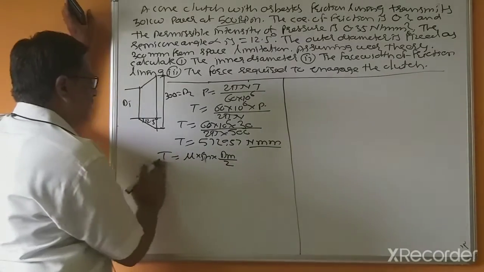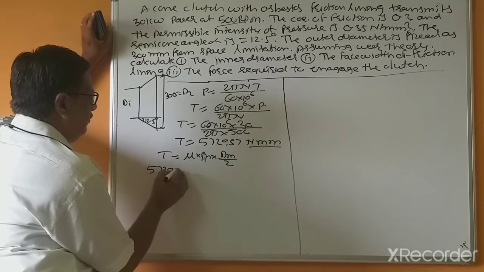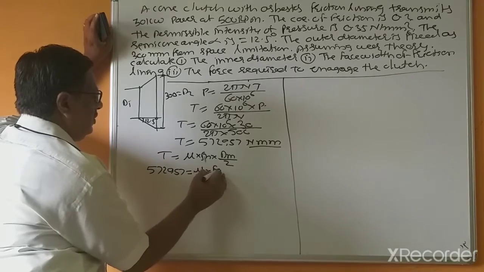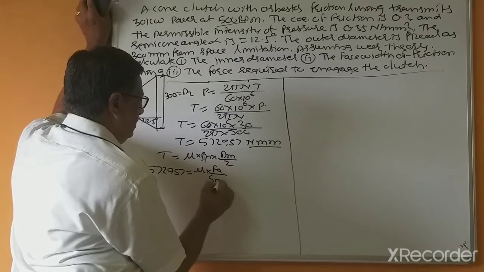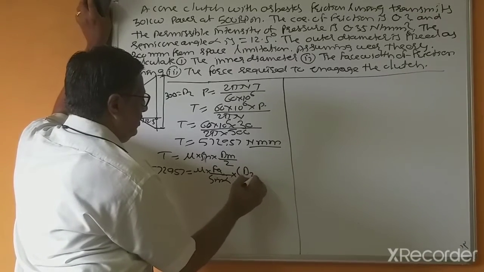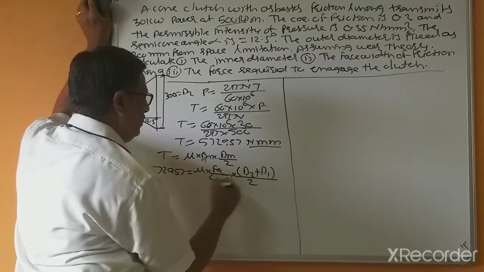So this torque equal to 572,957, mu into Fa divided by sin alpha into d2 plus d1 divided by 2.